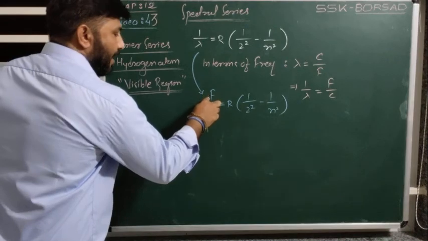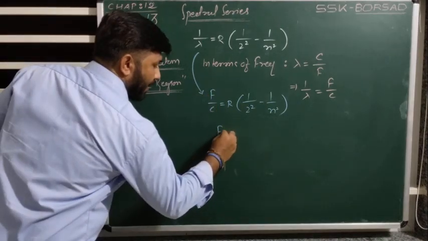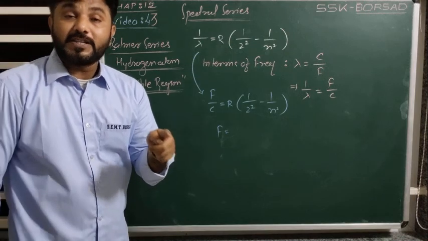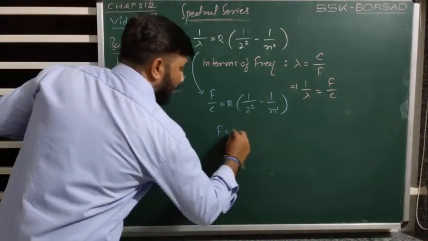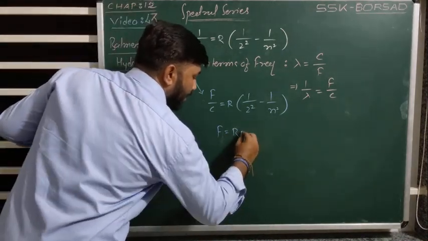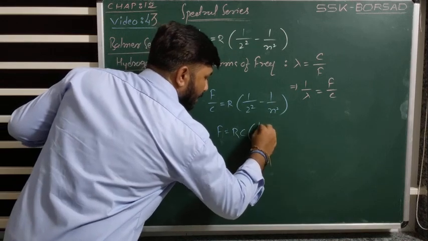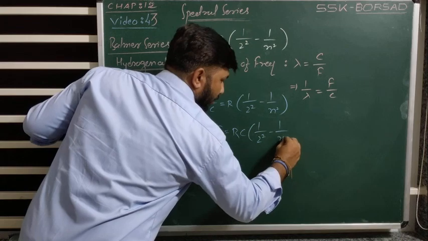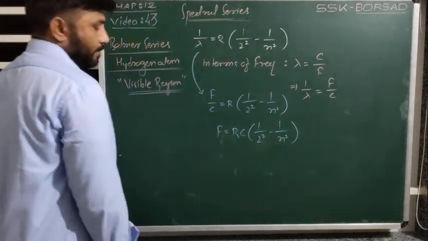Got it? If you want to find the frequency of that spectral line, then you have to use this equation: F equals R C times (1 upon 2 square minus 1 upon n square).